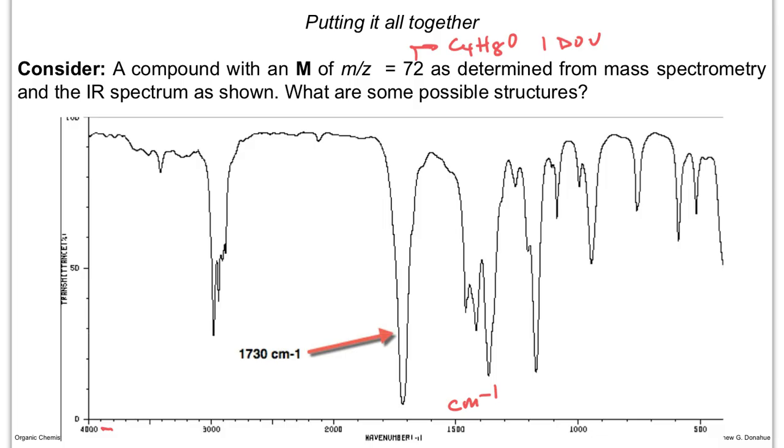The x-axis runs from 4,000 on the left to about 500 on the right. The y-axis is percent transmittance, from 0 on the bottom to 100 on the top.